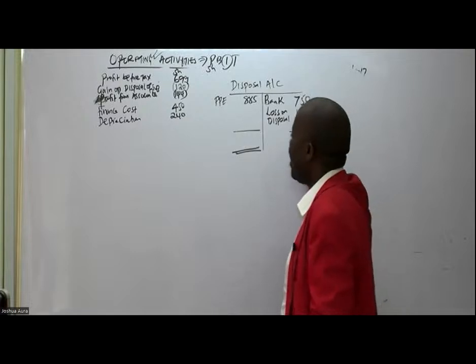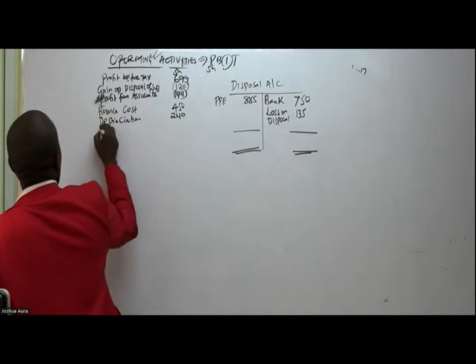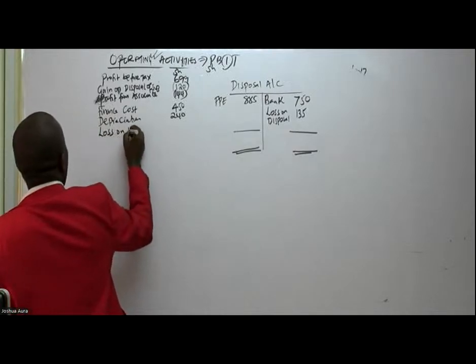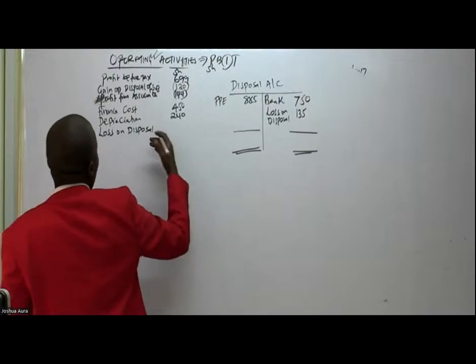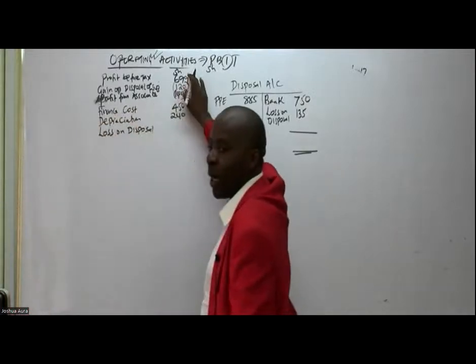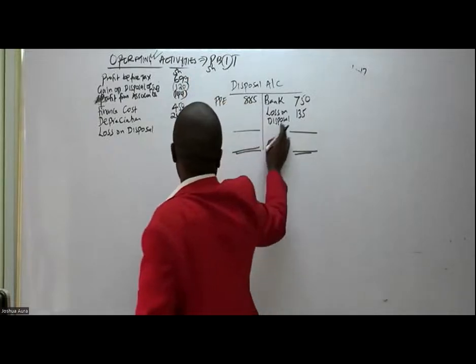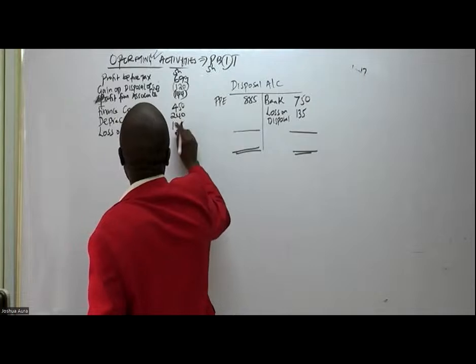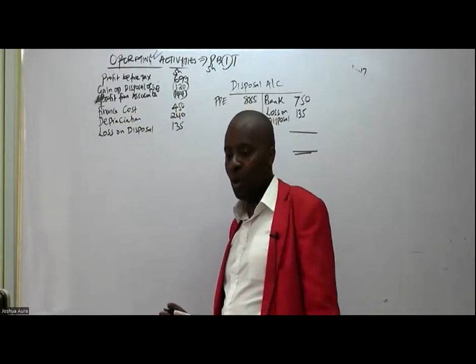So then we bring this loss on disposal here because it's a non-cash item. This loss on disposal is like an expense. These guys, they subtracted it while arriving at this figure. So ourselves, we need to come and add it back. So we have here 135. We are adding it back. We are leaving it positive like that. Loss on disposal.